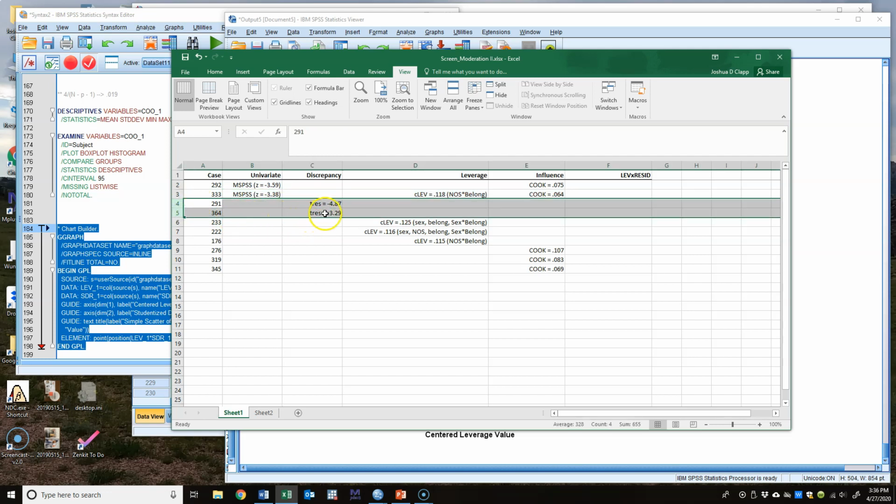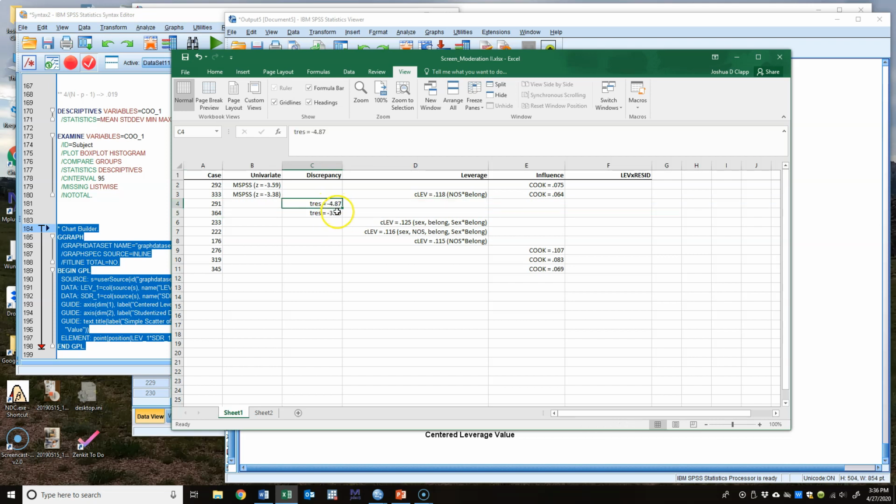291 and 364 were cases that came up as having large studentized residuals, right? This is the expected value for that case from a model that doesn't include that case, versus the actual value observed for that case. Here is a massive residual, but 291 isn't coming up as problematic anywhere else.